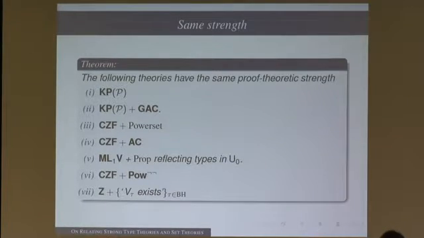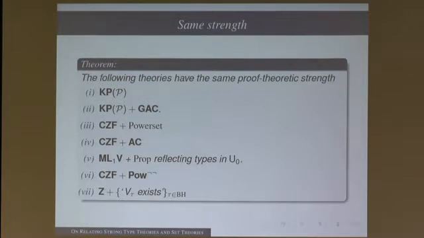The Bachmann-Howard ordinal is basically the proof theoretic ordinal of the theory of one inductive definition, the same as the proof theoretic ordinal of actually CZF and Kripke-Platek.